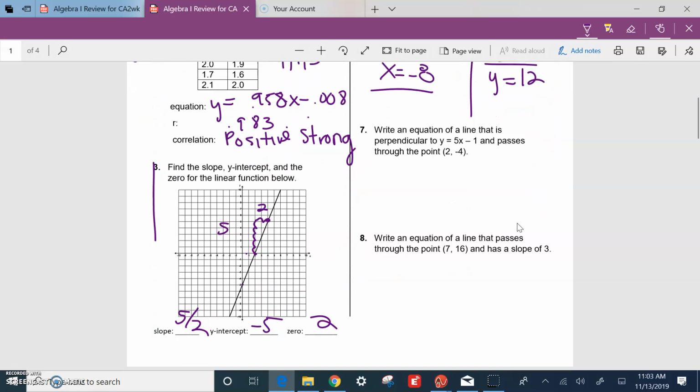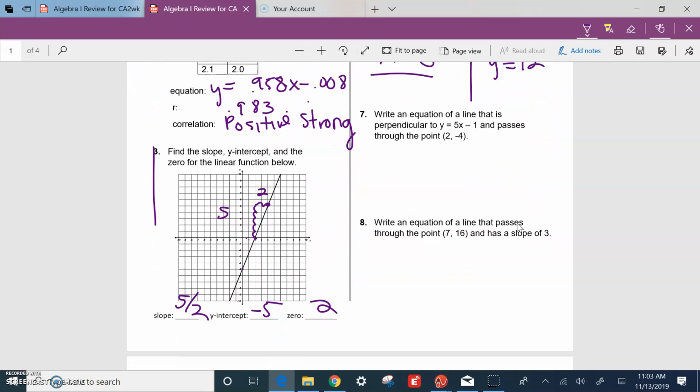Number 7 says write an equation of a line that is perpendicular to y equals 5x minus 1 and passes through the point 2, -4. Well, we know that perpendicular lines have opposite and reciprocal slope. So the slope here is 5.